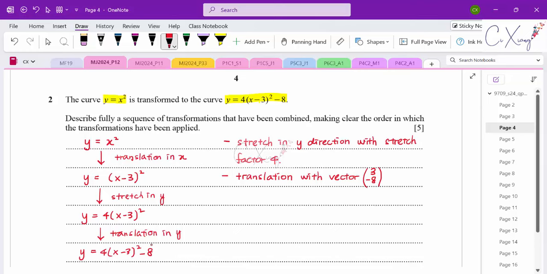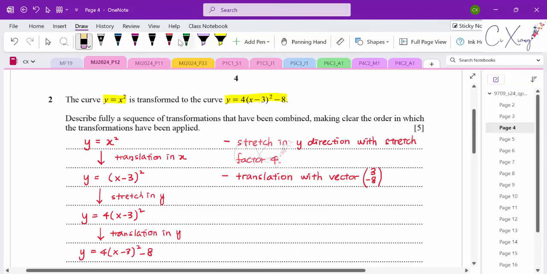All right, so there's another option that you can use to write an answer. So this is the first set of answers. For me, I'm doing it in this way. Then some students are not thinking in this way, but think of some other kind of sequence. So the other option is, some students think of Y as 4 with a big bracket, then (x minus 3) squared minus 2.